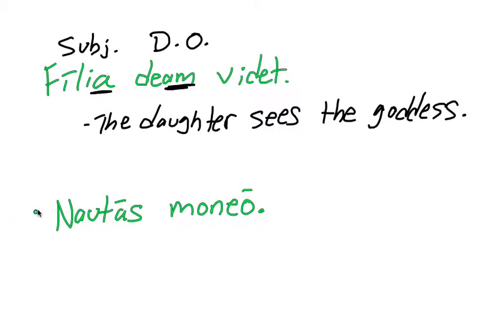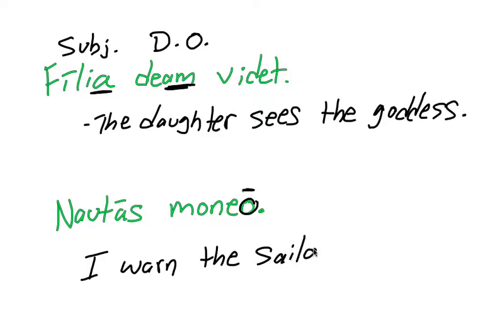There's no nominative subject, so if we're going to find the subject of the sentence, we look at the verb ending. The verb ending is o, which we should always do anyway, and o means I, so I warn the sailors. Sailors are the direct object.